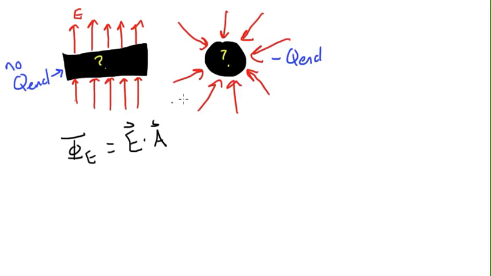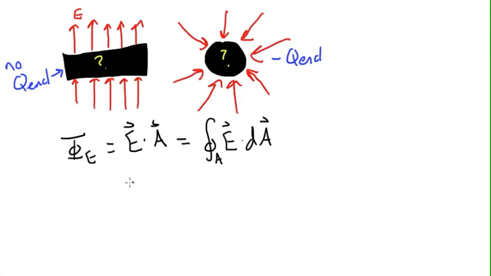Or for more complex shapes, you can think of this as the integral over a closed area of E dot dA. So what this is saying is you're taking the electric field at all the little different points of area, and then you're adding up all those fluxes to get some total flux.